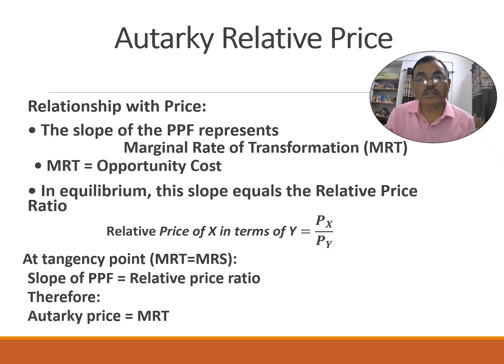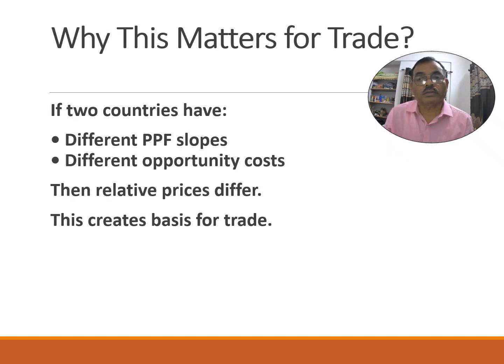And here lies the key insight for international trade. What happens if two countries have different opportunity costs? If two countries have different production possibility frontier slopes, their opportunity costs differ.